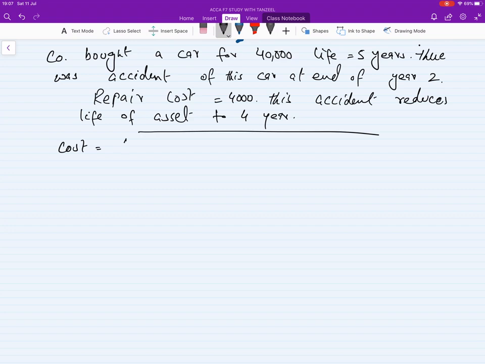Cost was 40,000. Depreciation, how can you calculate: 40,000 cost minus scrap value, we don't have any scrap value, divided by number of life years, 5. So you can say 8,000 for year 1, for year 2 8,000.